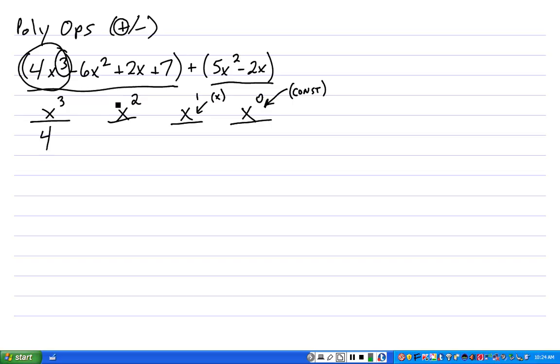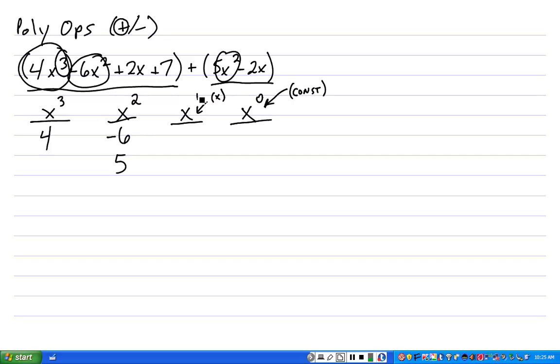I'm looking at all the parentheses for x squareds, and it doesn't matter what set of parentheses. I notice I have a negative 6x squared, so I write my negative 6, and I notice over here I have a 5x squared, so I write my positive 5. There aren't any other x squareds in any of the parentheses present.